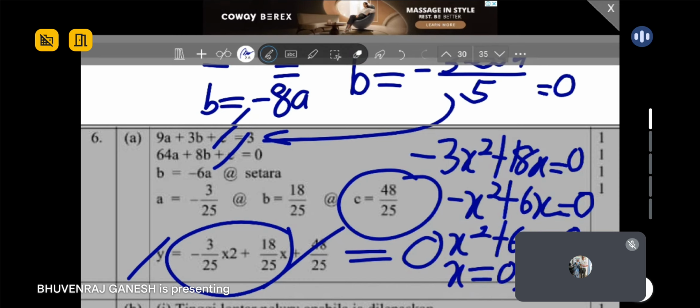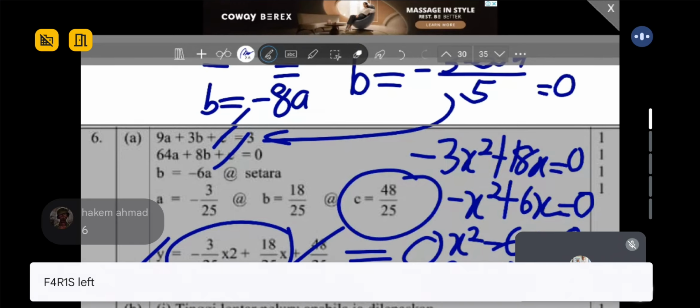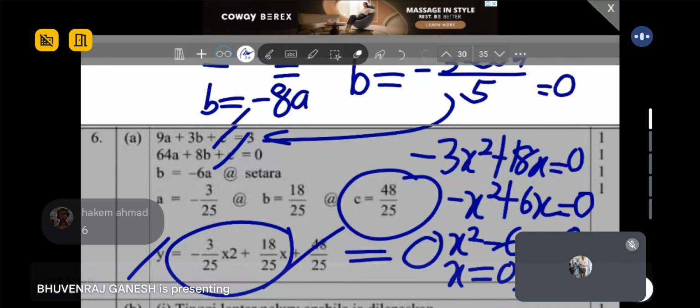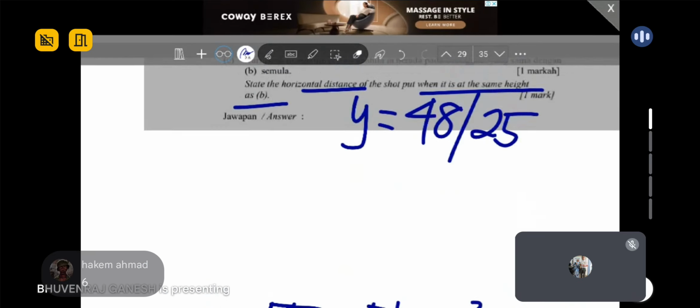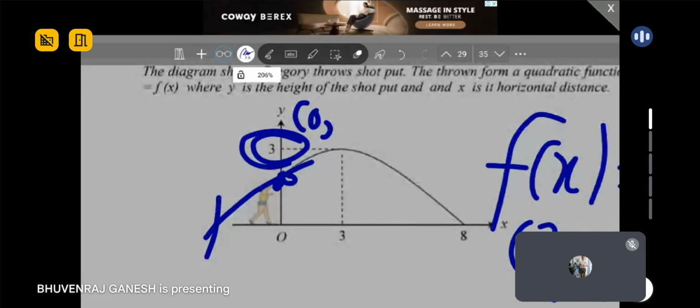So mana jawapan dia guys? May I know? Which one is your correct answer? Anyone? Kosong atau 6? Mana yang betul secara logik? Yes. Okay, jawapan dia adalah 6. Okay, because when you have a height, confirm your x cannot be 0 lah guys.